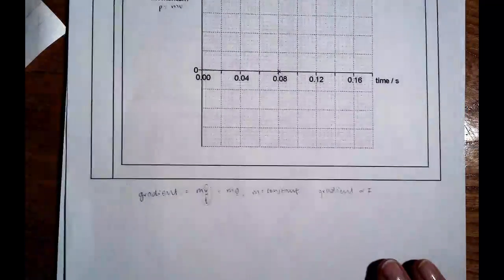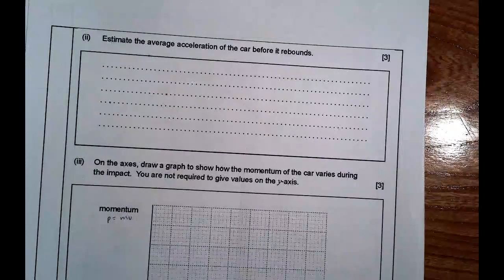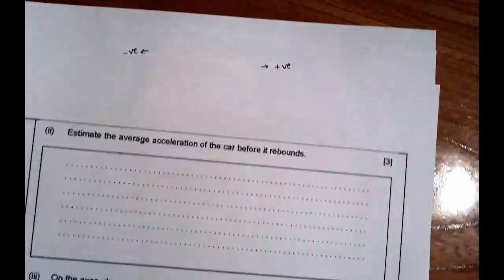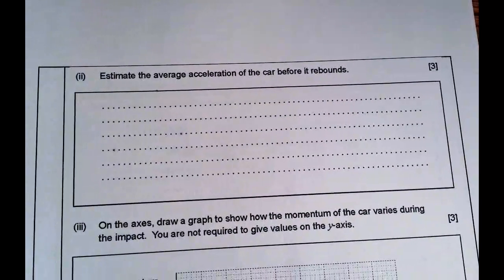So following on from that, you're then asked to estimate the average acceleration of the car before it rebounds. To do this, we need to look at the total change in velocity and the total time.